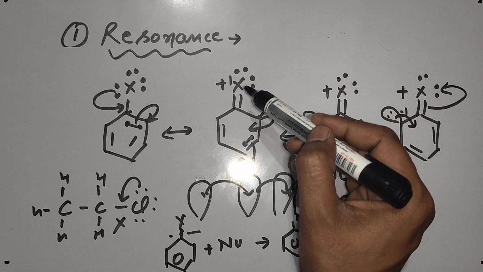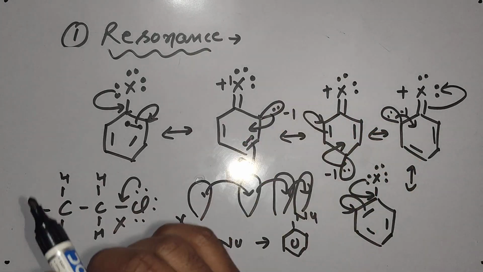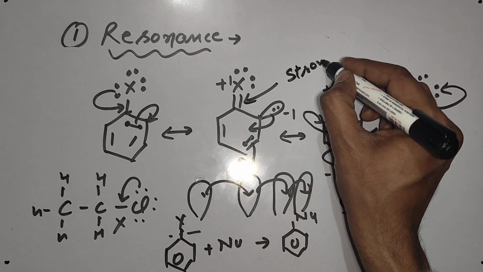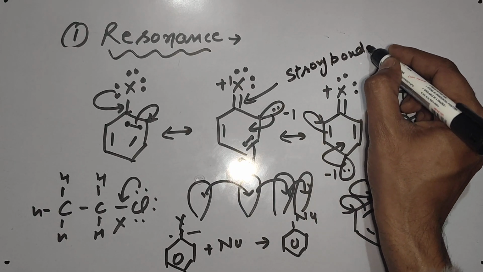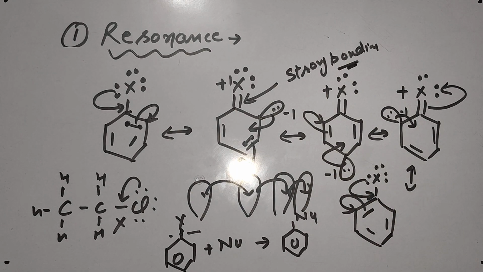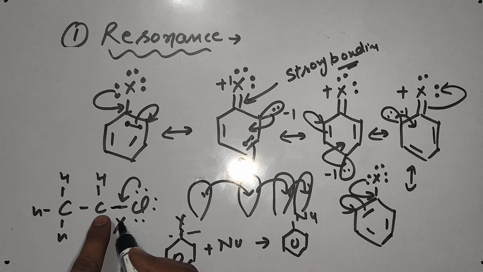But due to resonance, the X and carbon bond is getting double bond character, and we know double bonds are stronger. It's a strong bonding, difficult to break. But in haloalkane, only single bond is there, easy to break.